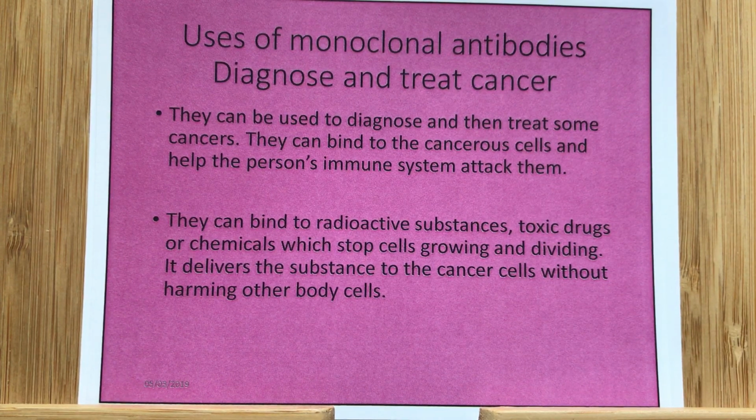They focus on the cancerous cells because the monoclonal antibody is attached to them, kill those cancer cells without harming the other body cells. It means that with less side effects, we can use less of the chemotherapy drugs. It just focuses on that one area.